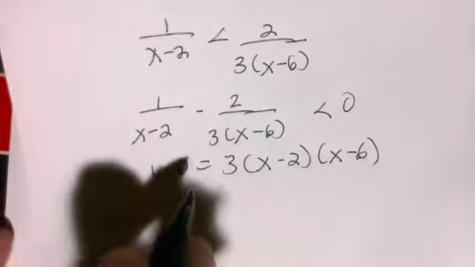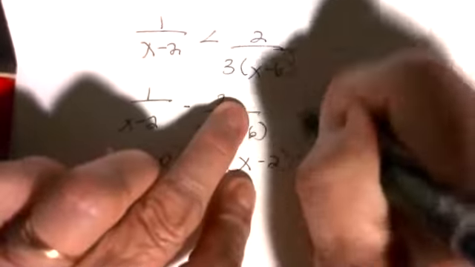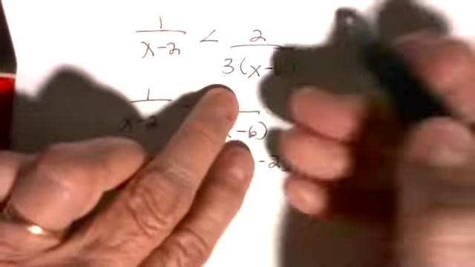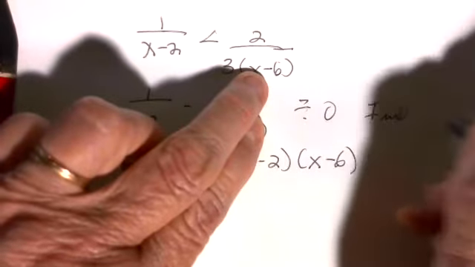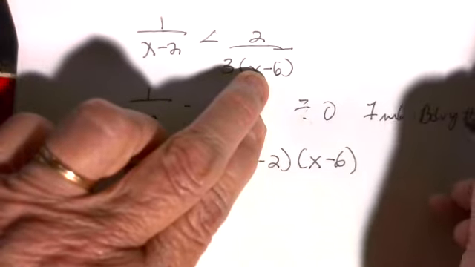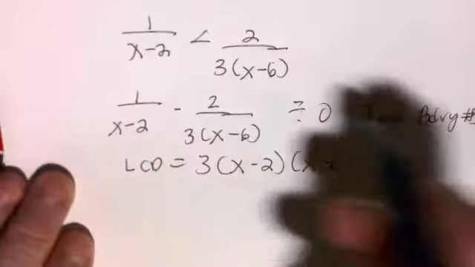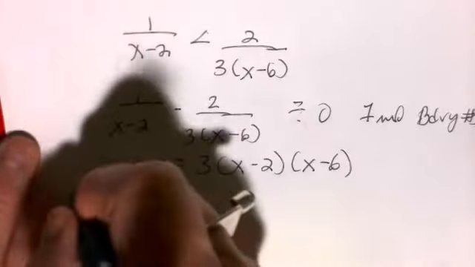So remember, we multiply every term, and let's just go ahead and change this to an equal sign, because what we're doing here is finding the boundary numbers. Okay, so I'm going to multiply every term by this. It's going to get kind of messy.